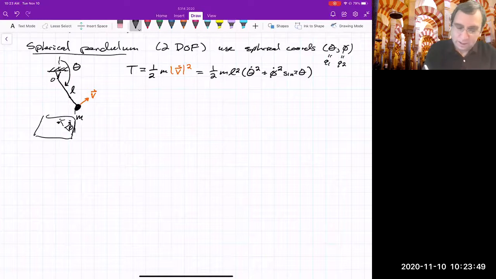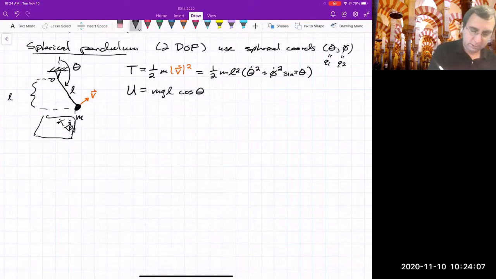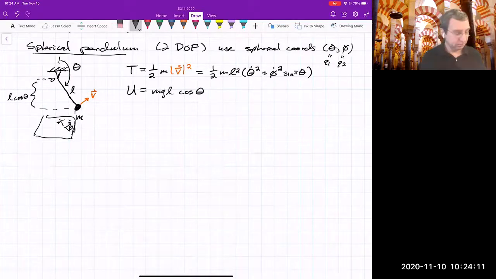And because of how we've defined theta here, the potential energy is actually mgL cosine theta. That's just the height, L cosine theta. It's not negative, it's positive.